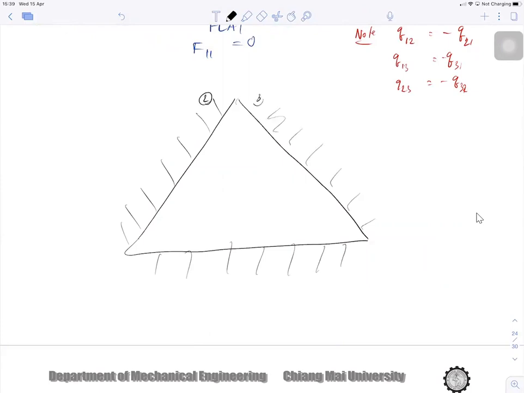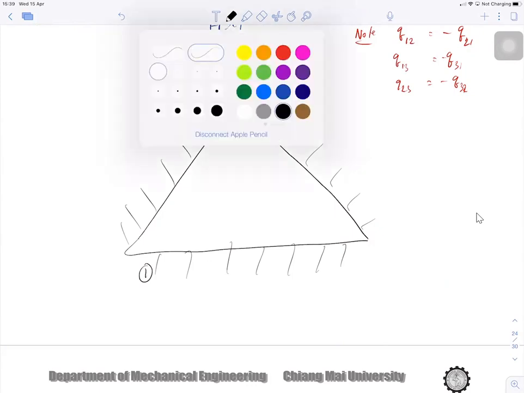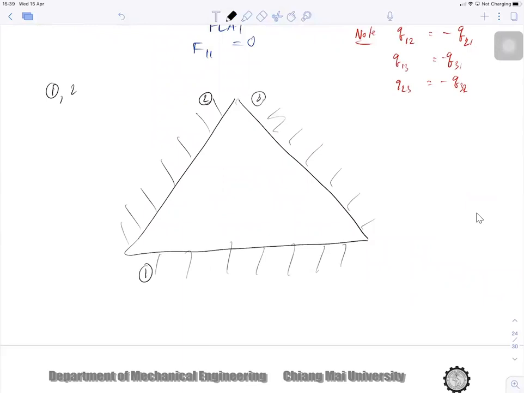Surface 2, surface 3, and surface 1. Okay, each are not black. 1, 2, 3, not black, but gray, which means it's diffuse.